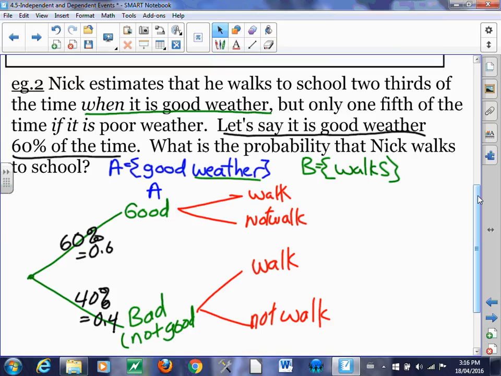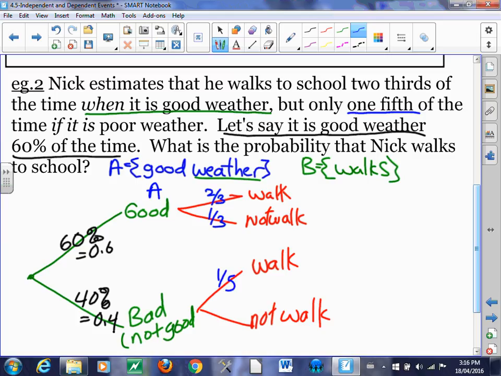Now it says that he walks 2/3 of the time when the weather is good. Okay. So 2/3 of the time he walks when it's good, which means 1/3 he doesn't. Okay. But when it's poor weather, he's only walking 1/5. So 1/5, and the other complement to that would be 4/5 of not walking. All right. How are we doing so far?